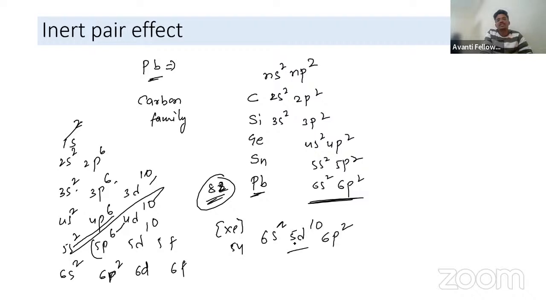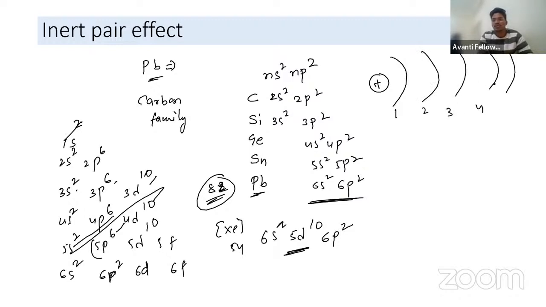Now you can see there is an involvement of d electrons here. Remember very clearly, if you are writing like this, these are n equal to 1, 2, 3, 4, this is 4, this is 5, and this is 6. Here 2 electrons are there. These are s electrons, and these all are p electrons.